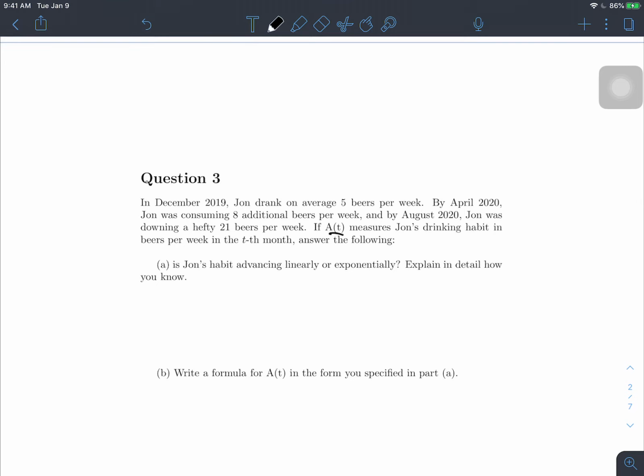They tell me that A of T measures the amount of beers per week that John is drinking in the Tth month. Okay, so I'm going to make a table here with T and A of T. And we'll have some data points in here.